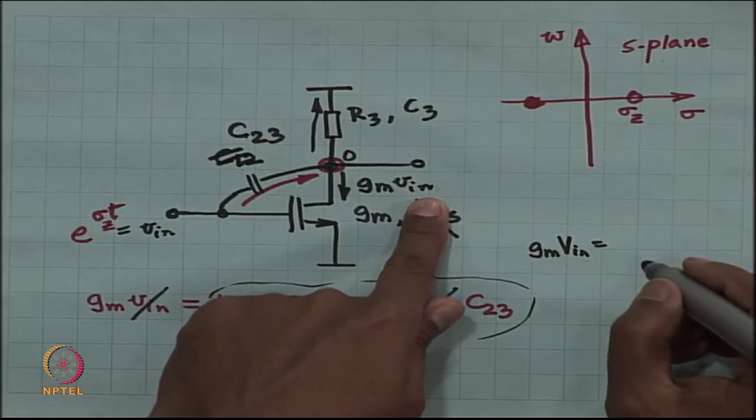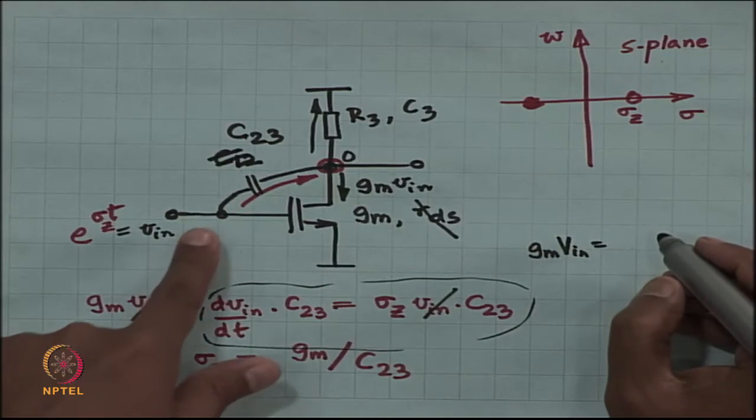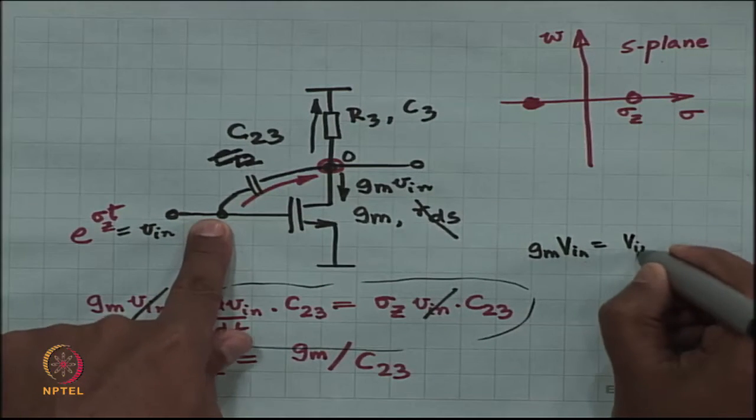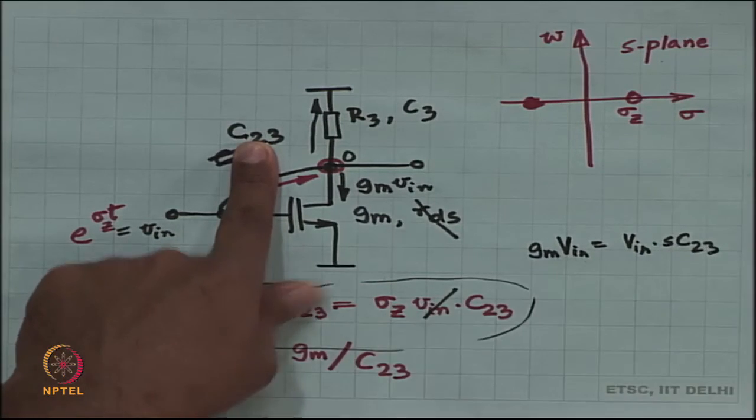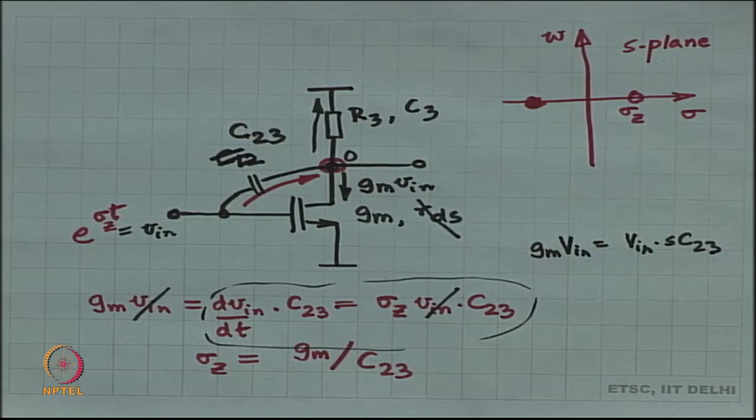This is the Laplace transform, capital V in is equal to V in times S C 23 at S is equal to sigma z. Fine, we could have done that.